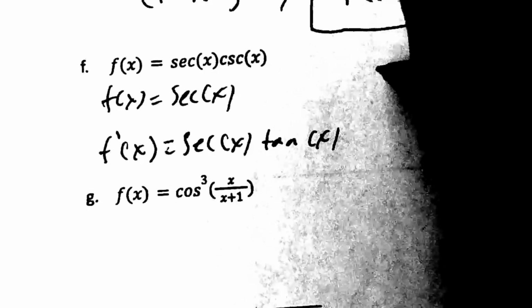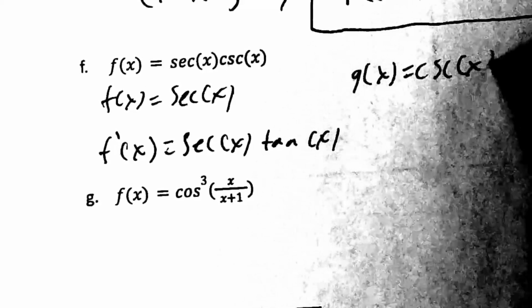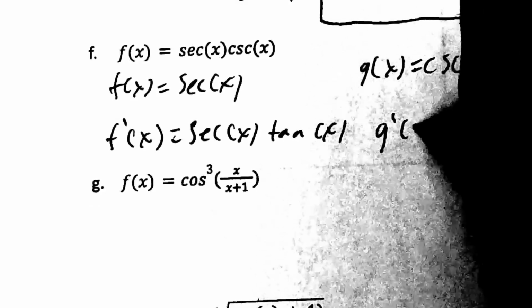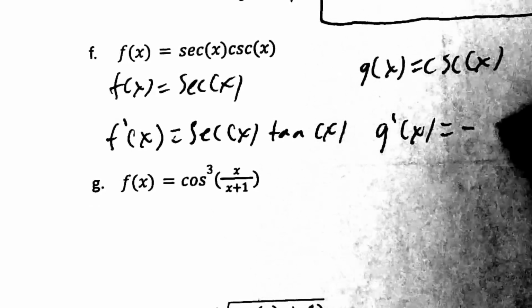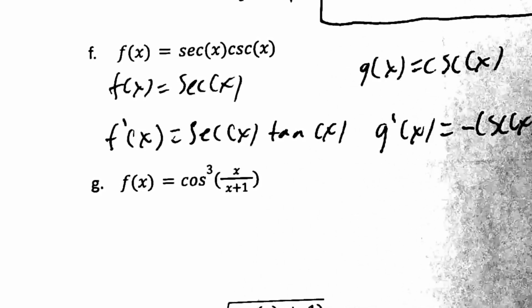And then our g of x is cosecant x. And you get the derivative of that again from your sheet. That is negative cosecant x cotangent x.